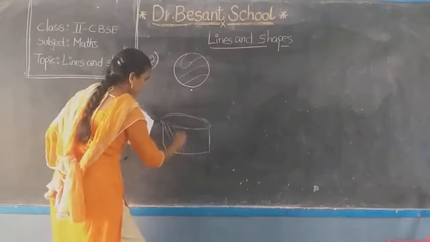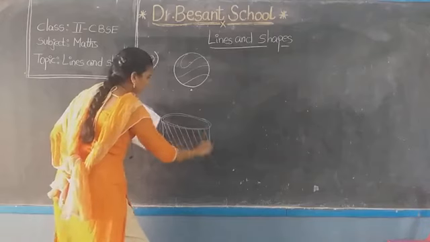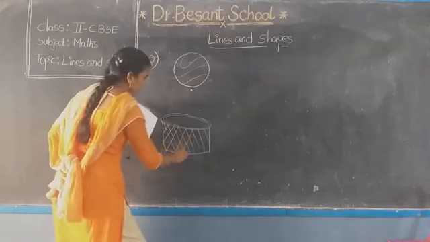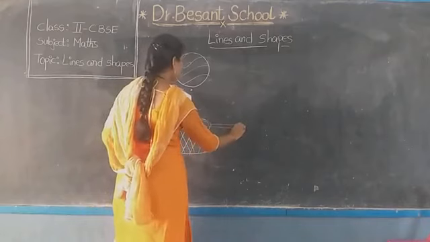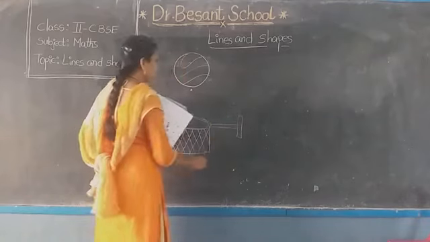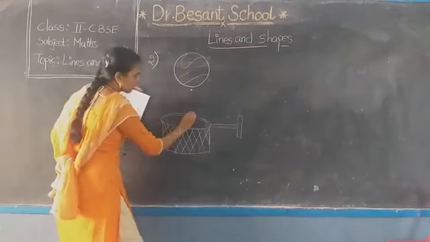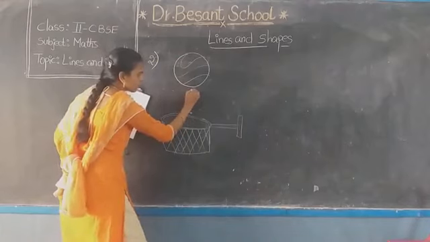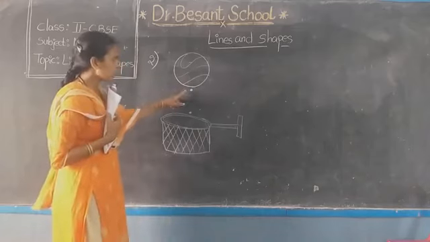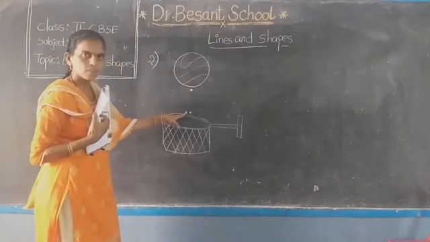If you see this net, to hold this ball they have given, right? Above the net a dot has been given. If you see, boldly they have given two dots. Here is one dot and here is another dot.